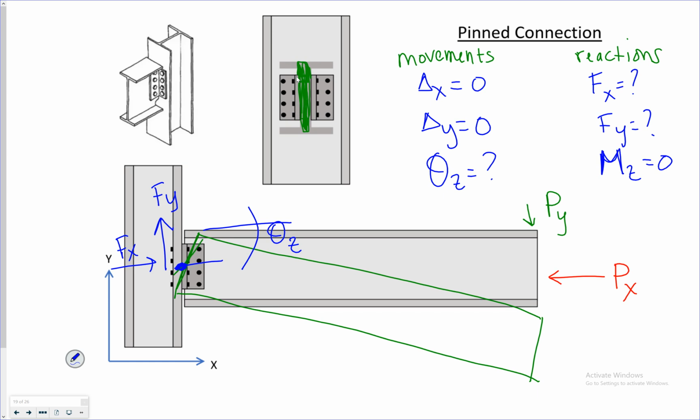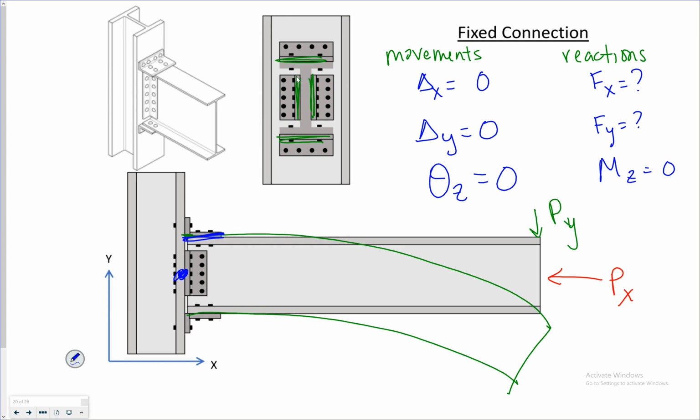That's for a pinned connection, but we don't have any moment. And then if we look at a fixed connection, we have a horizontal reaction, a vertical reaction, and a moment reaction.